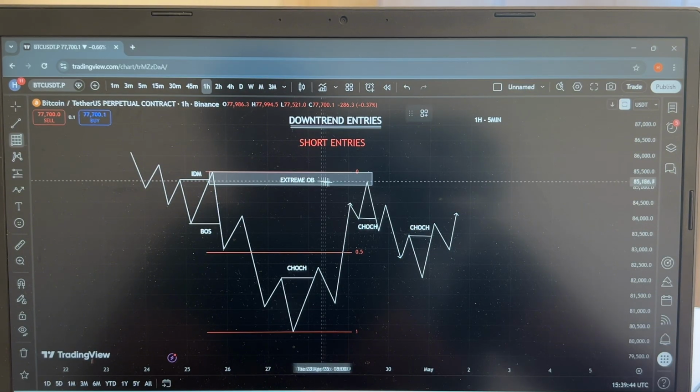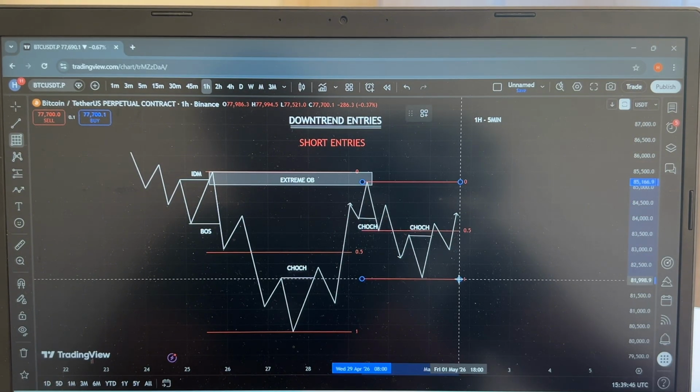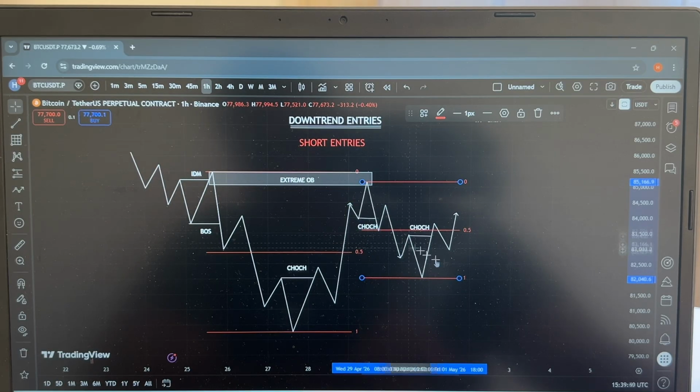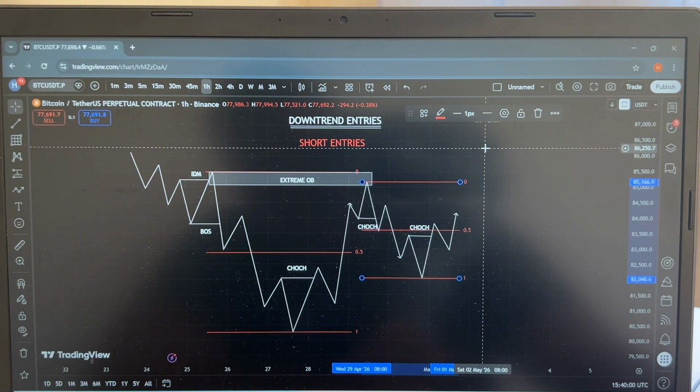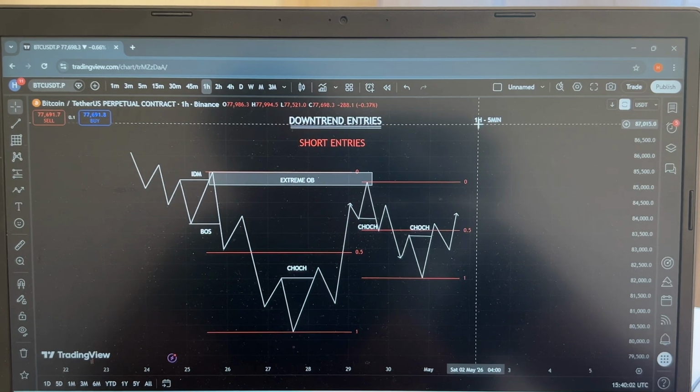Then what you're going to do is draw the Gantt box from this level to this, from this to this. Then you have to find an order block between this 0 to 0.5 level in the lowest time frame for that particular higher time frame.